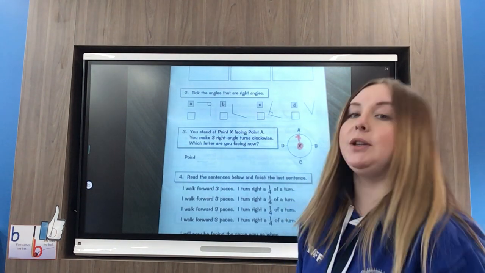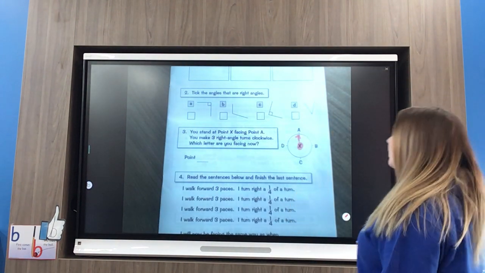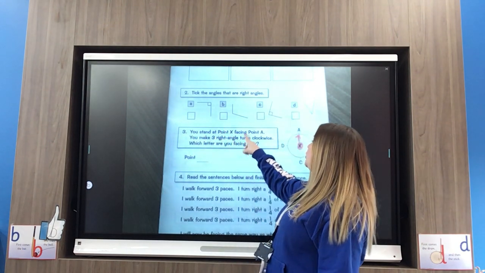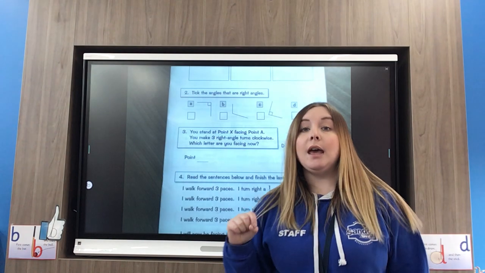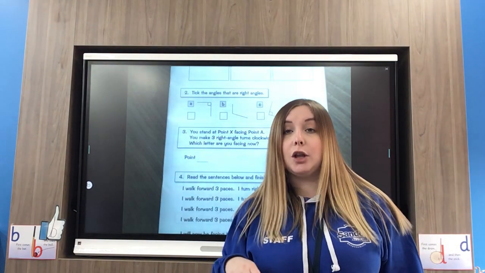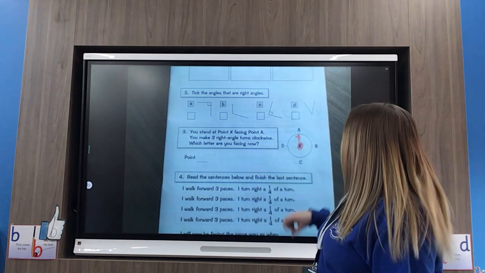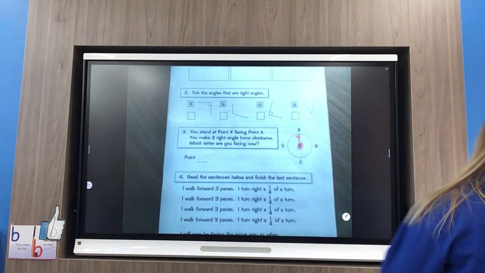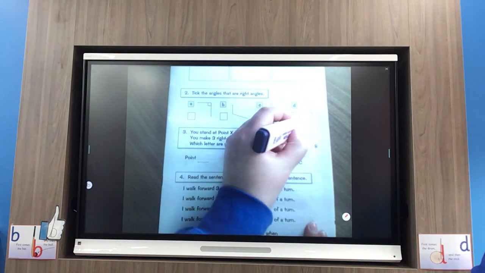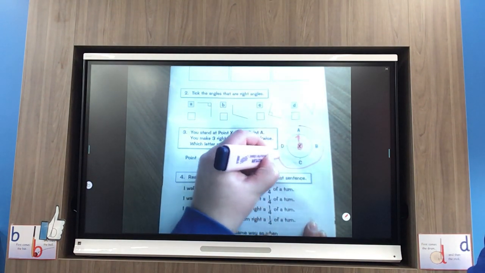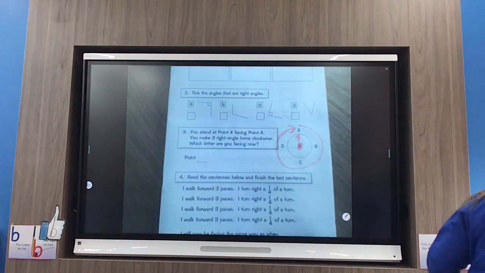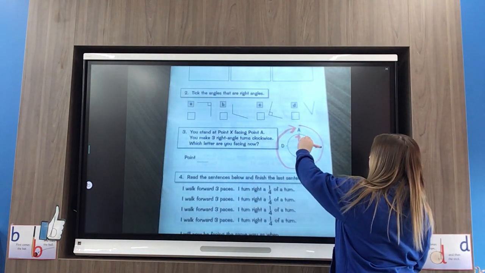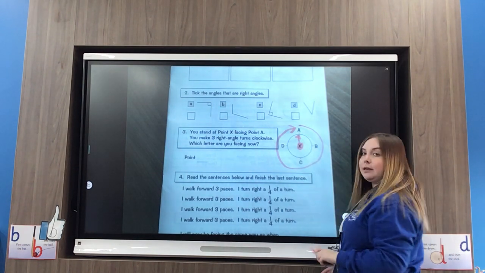I've drawn a little arrow pointing to A. You make 3 right-angled turns clockwise. And clockwise is just the way that the clock ticks. Let me get my highlighter again. This way. Okay, so we're going to make 3 turns going around this way.